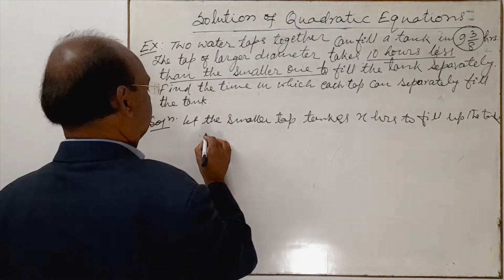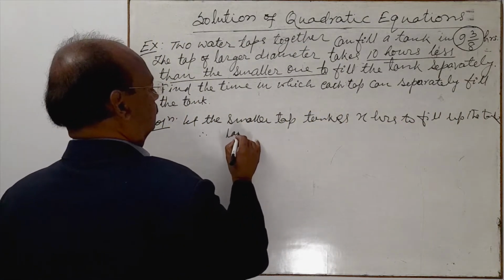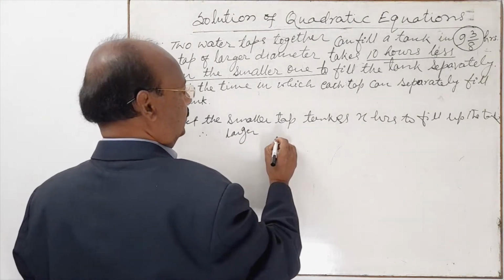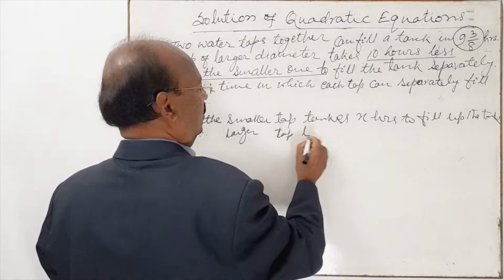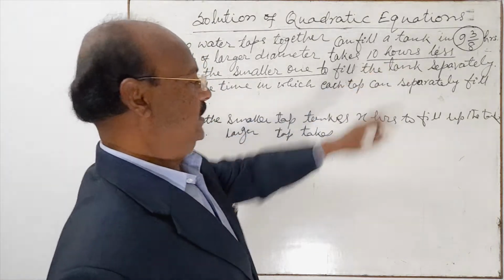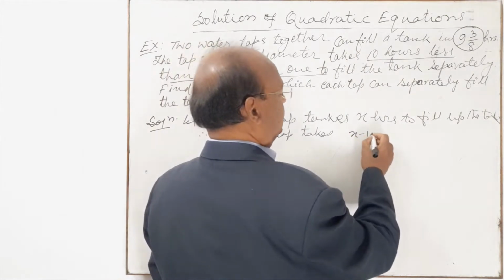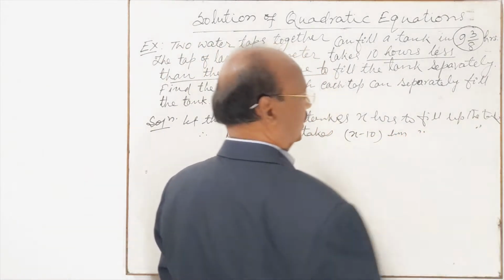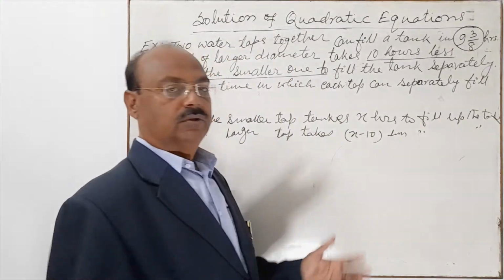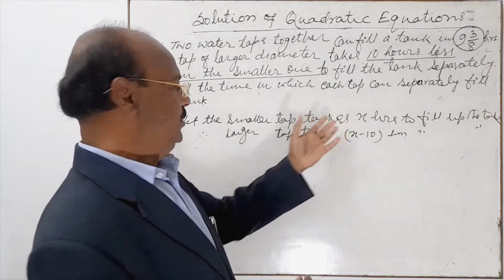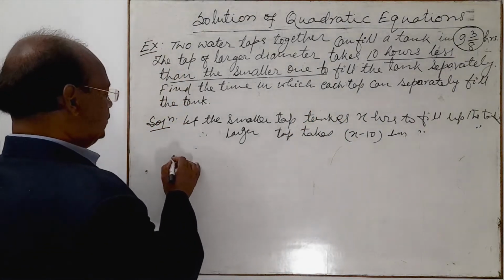And therefore, the larger tap takes how much? 10 hours less. So, X minus 10 hours to fill up the tank. Correct? So, here we will use the unitary method to proceed. So, let us start with this statement.